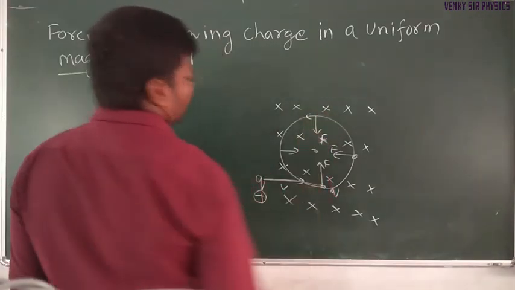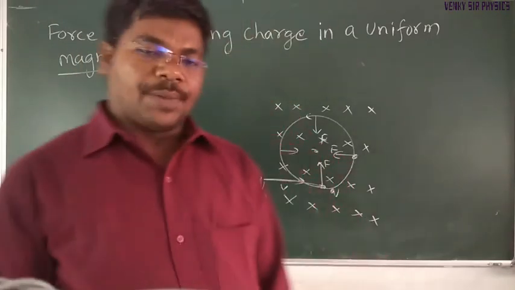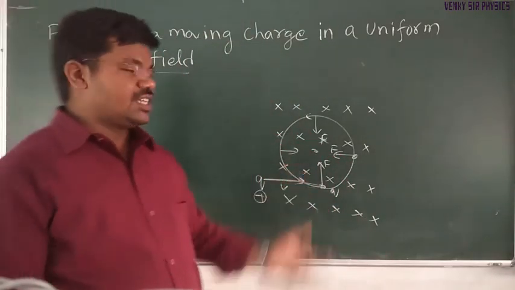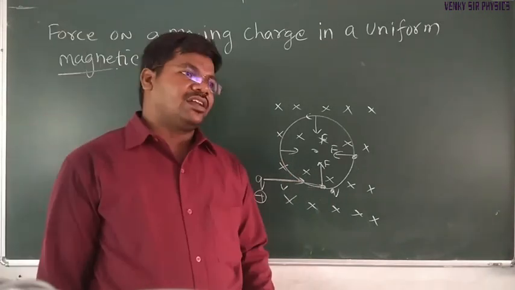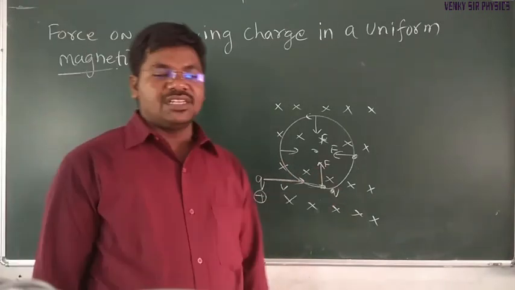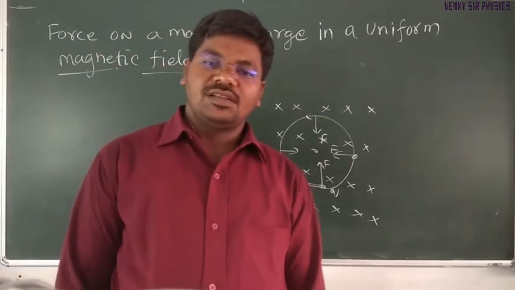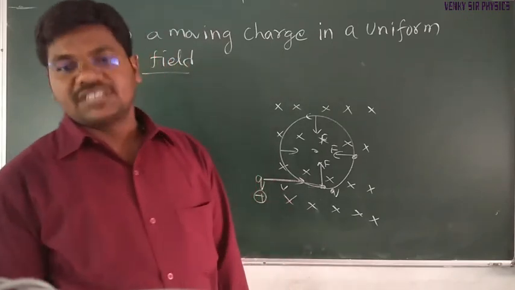When a charged particle moves perpendicular to the magnetic field, we know that the particle moves in a circular path. When a charged particle undergoes circular motion, the centripetal force is needed.